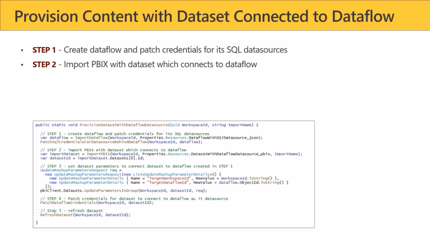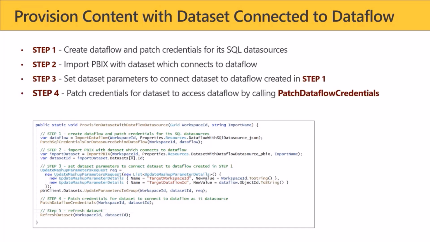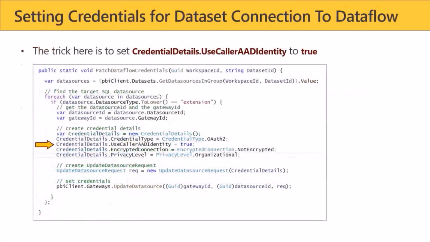Now, the last thing here, it's kind of esoteric, but what if you've got the data set parameters, you've connected to this workspace, but then you need to patch credentials. So you're patching credentials so the data set can connect to the data flow before you can do the refresh. And so here, it's code that no one would ever think of.